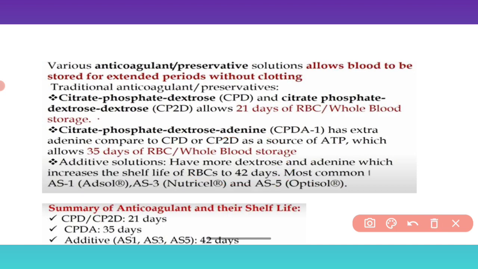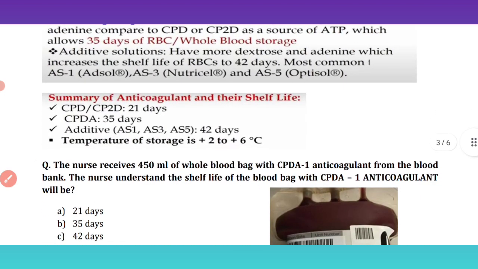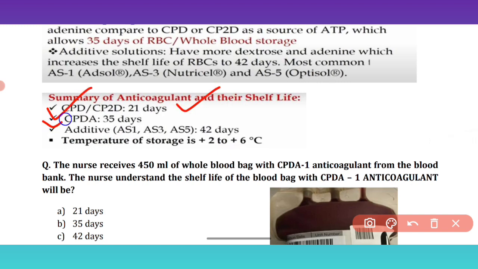So these are called anticoagulants. I have mentioned three anticoagulants here: citrate phosphate dextrose, citrate phosphate dextrose adenine, and additive solutions. Please make a note of it. In short, CPD, CP2D 21 days, CPDA 35 days, additive solutions like AS1, AS3, AS5 42 days, and the temperature for storing the blood is between 4 to 6 degrees centigrade.